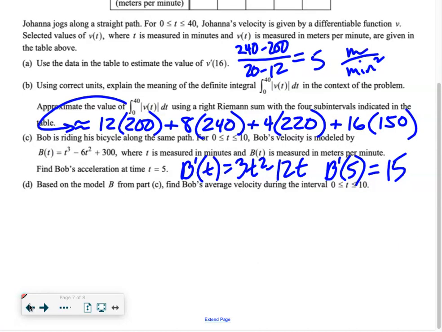Okay. Average velocity. Well, average velocity is change in position over change in time. But instead of finding the average rate of change of the position, I'm going to use the average value theorem just for fun. So I'm going to do b sub ave, from 0 to 10.